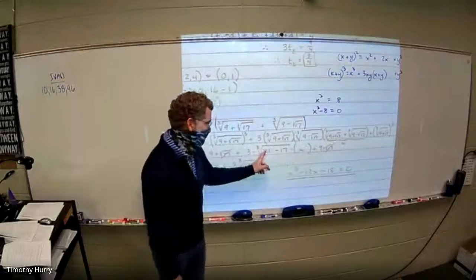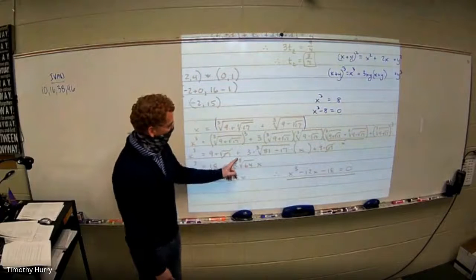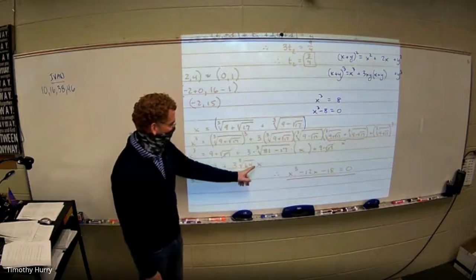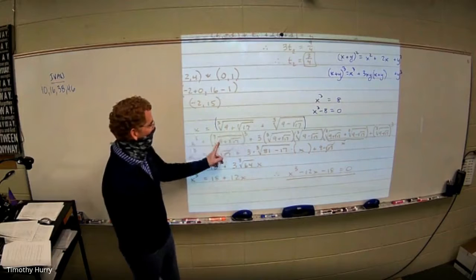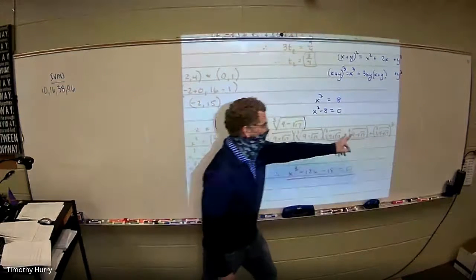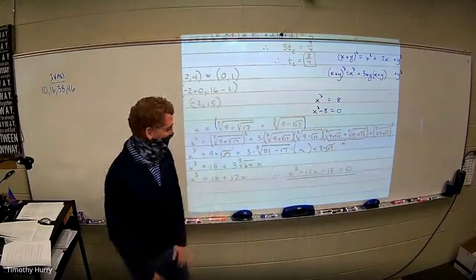Well, guess what 81 minus 17 is? A nice perfect cube. That perfect cube becomes a 4, and I end up with 3 times 4 times x, which is 12x. This, when I cube that, gives me 9 plus root 17. When I cube that, I get 9 minus root 17. And when I add those all together, the roots cancel, and I get 18.